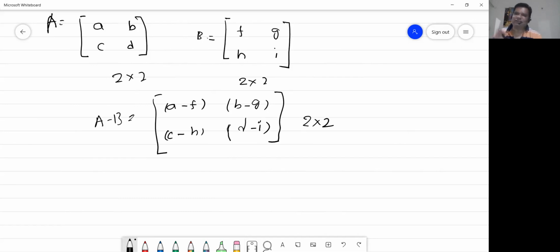Now you can ask a question, sir, why is matrix algebra needed? What for has matrix algebra to be learned? In the case of computers or numerical calculation, we have to store a lot of data in particular locations.